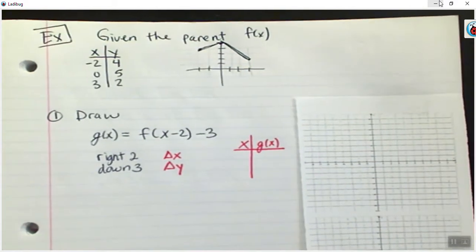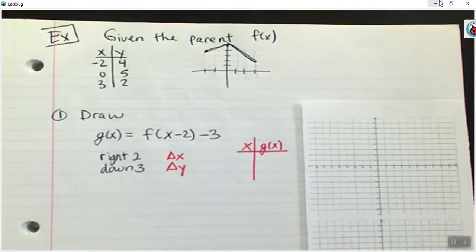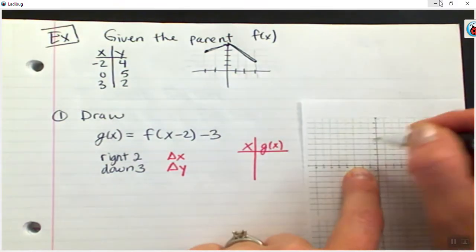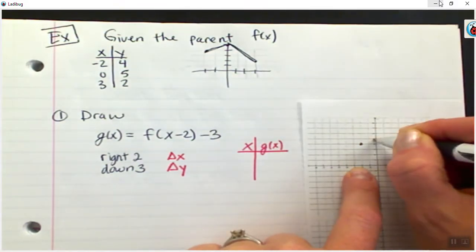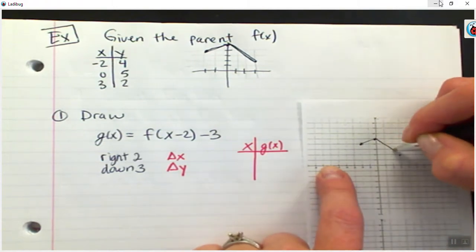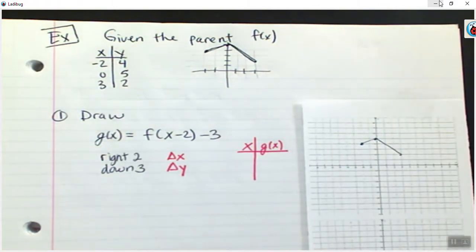Some of you might be visual. Some of you might not be visual. So we're going to do it 2 ways. I'm going to copy my parent onto this grid so that I can use it. And here's where I'm going to do my other color.